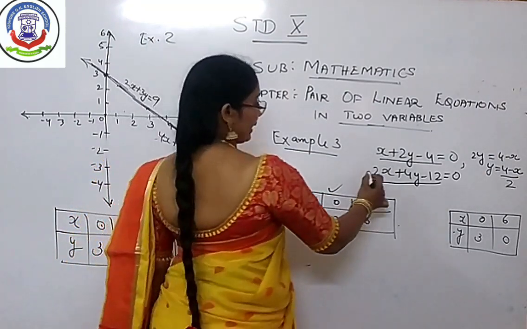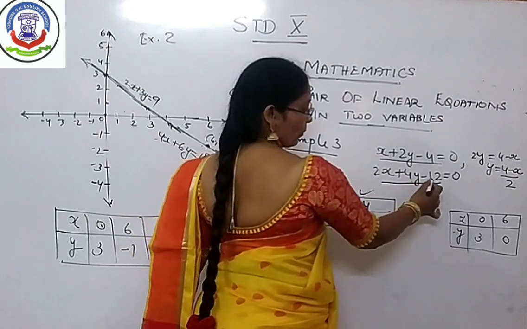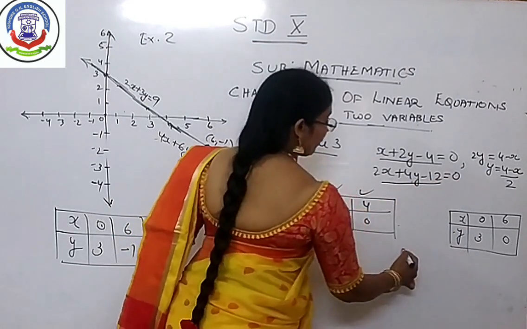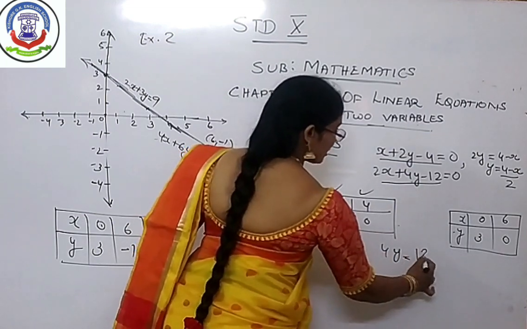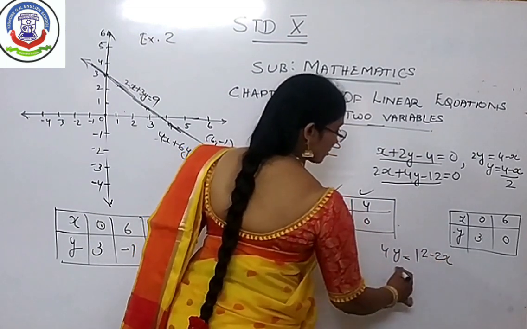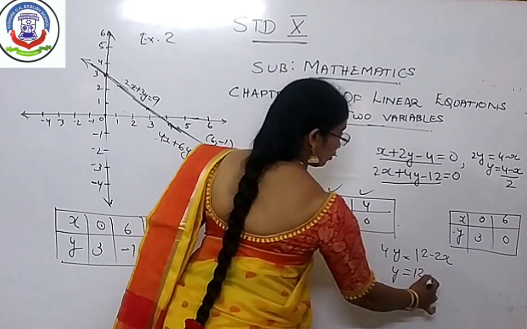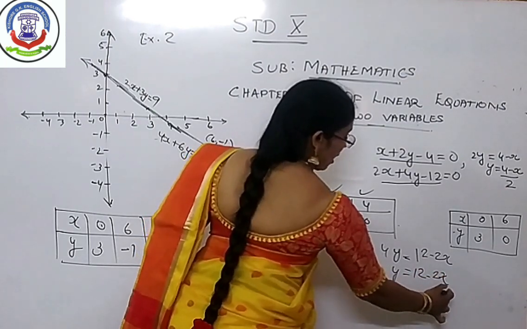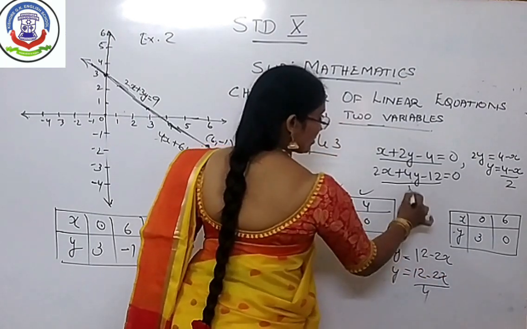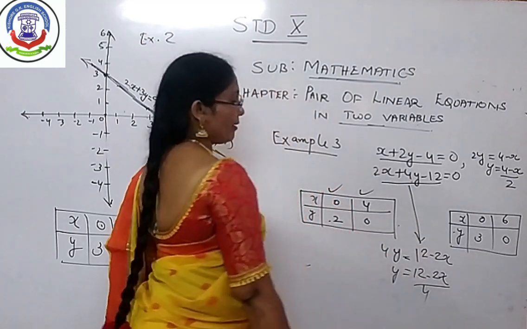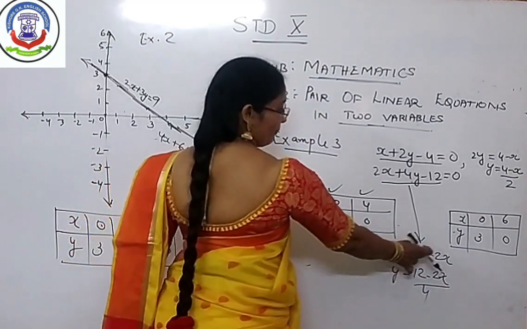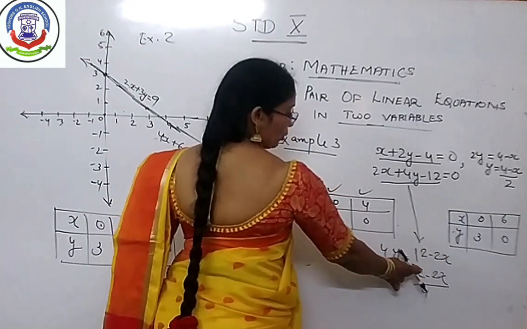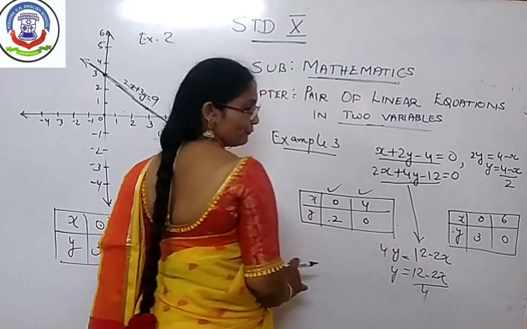In the same way, for the second equation, 2x plus 4y minus 12, you write it in the y-intercept form. So 4y is equal to 12 minus 2x, and y is equal to (12 minus 2x) upon 4.